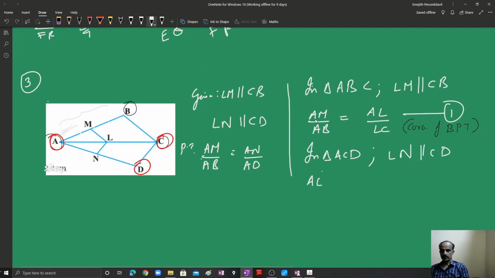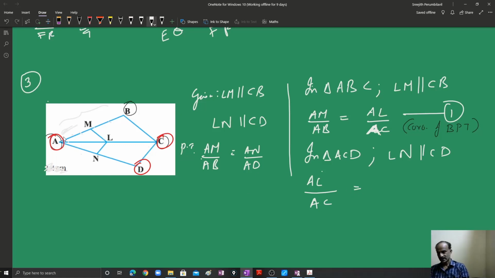Similarly now, AM by AB is same as AL by what? AC, not LC, AC. Correct that, okay. Because this is smaller by larger, smaller by larger. AL by AC is equal to what?